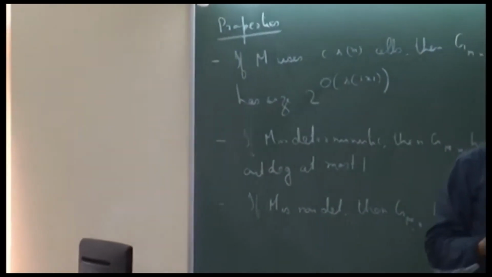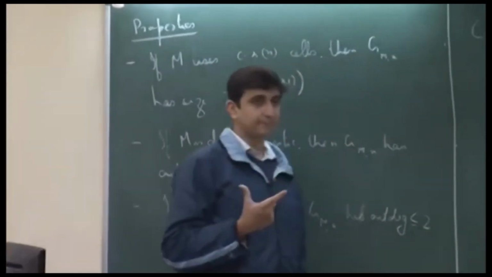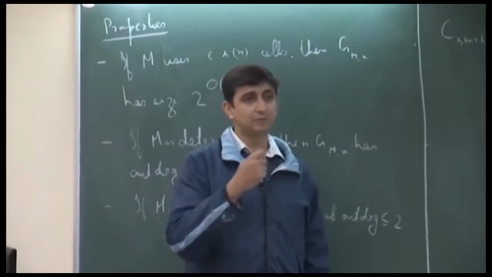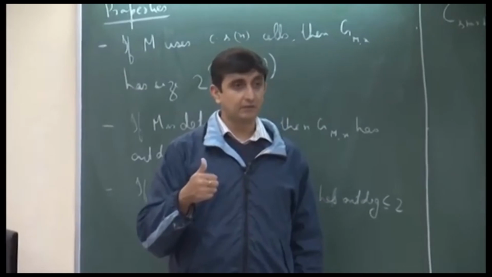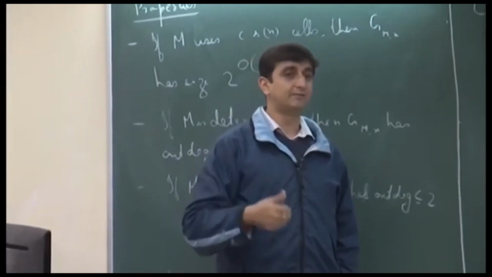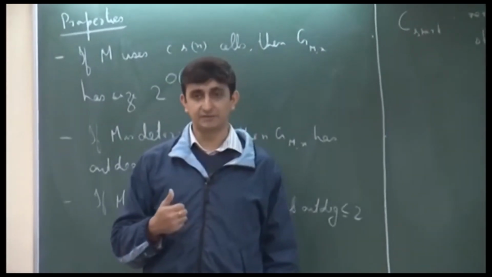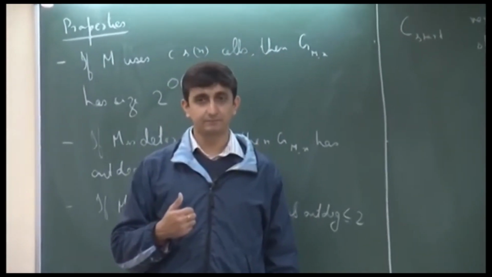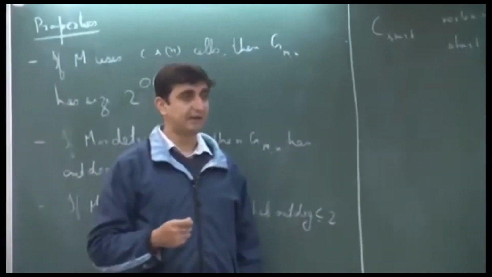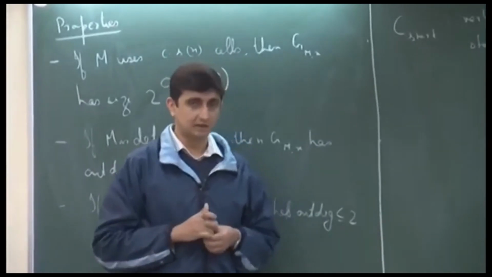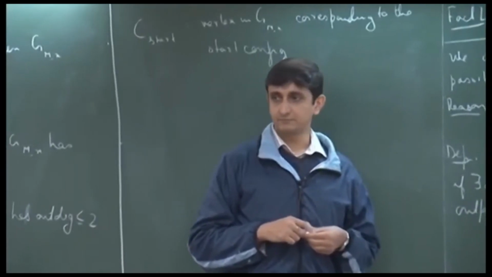In other words, for every possible string that can be present in the work tape, and for every possible position in which the heads of the Turing machine can be, each of them will define a different configuration, which are all accepting configurations. So, it is not clear whether checking for reachability between two fixed vertices determines whether x belongs to L of M or not. Is that clear?